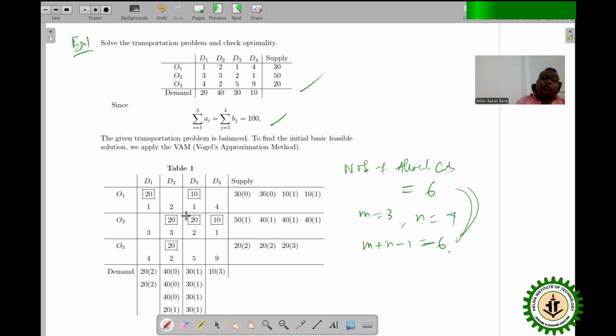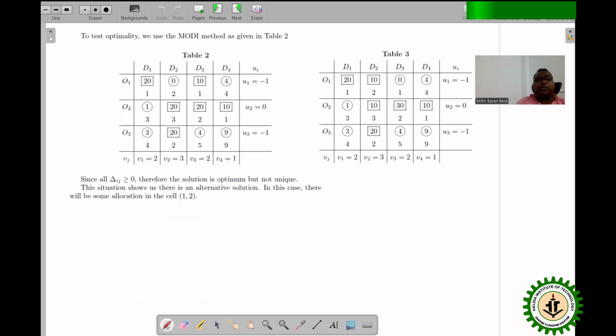Now, to check whether this initial basic feasible solution is optimum or not, we are going for the optimality test, which is called the UV method, which is basically based on the MODI method.